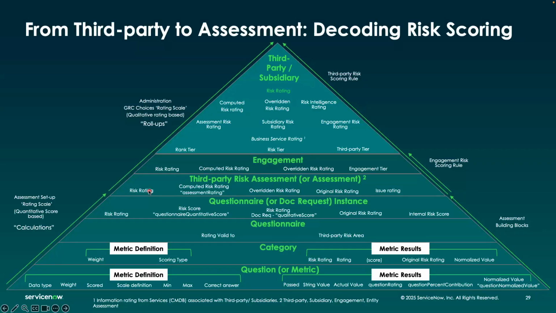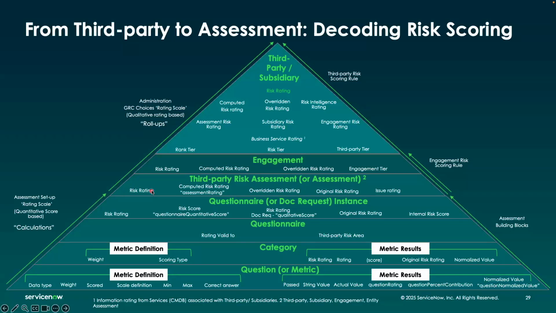A key point to note here is that from this point forward, the risk ratings do not use the risk rating scale in assessment setup, but all types of risk ratings, from this point going up the pyramid, use the risk rating scale in administration, GRC choices, choice category equal to risk rating.